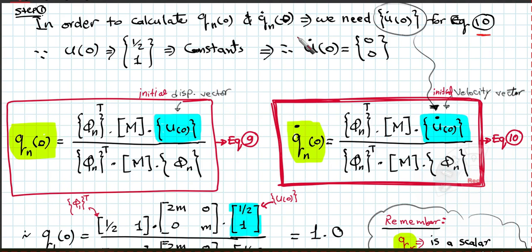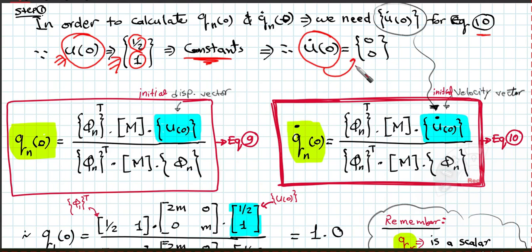U dot, which is the velocity. Okay, this is for equation number 10. So u node, which is the initial displacement vector, is given for us. Here we are going to find that they are given. The initial displacement is commonly supposed to be known for us, and we found that they are constants. So in order to obtain u dot node, we're going to differentiate this.